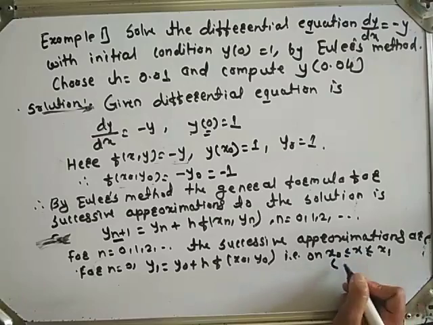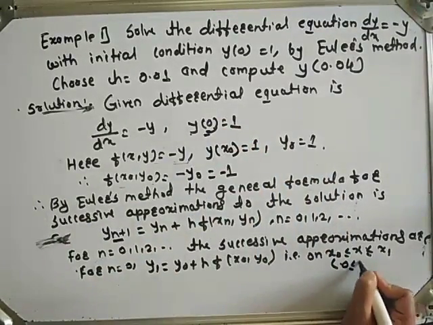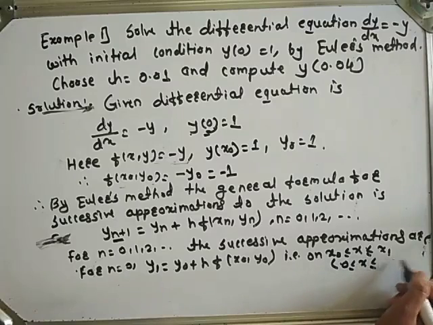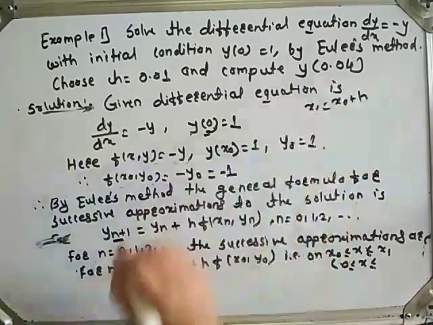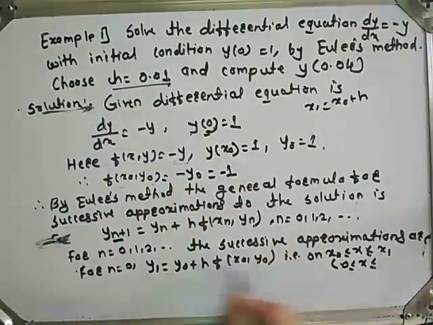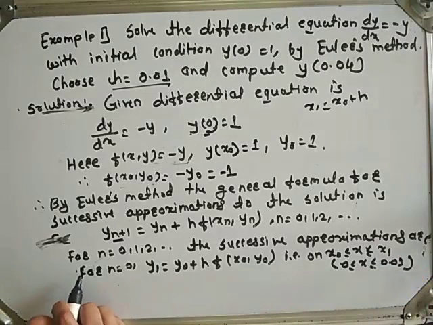Here x0 is 0, and x1 means x0 plus h, because here h is equal to 0.01, so x1 is 0.01.